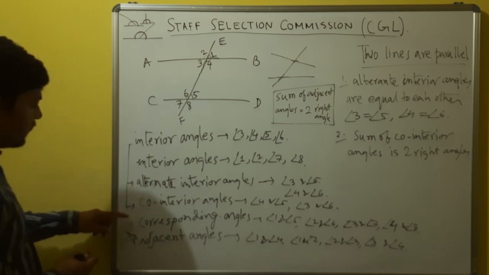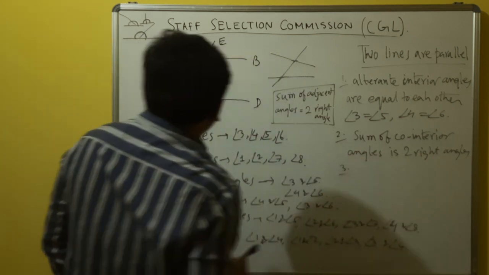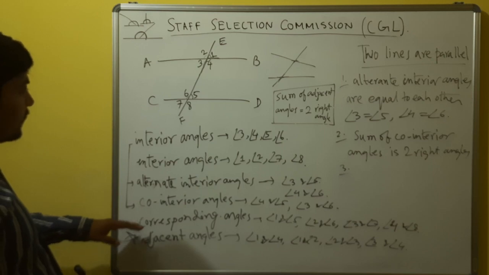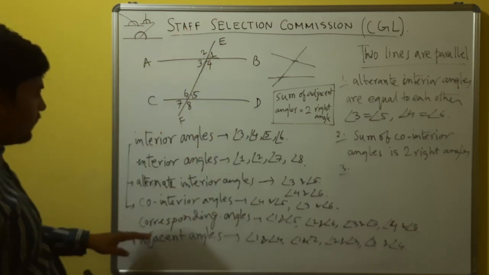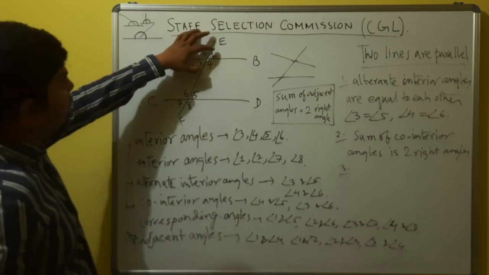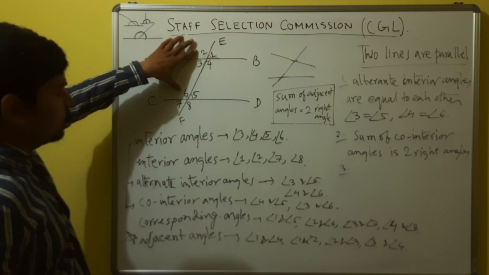Now the third one is corresponding angles. What are the corresponding angles? 1, similarly 5. One interior angle and one exterior angle form corresponding angles. What is exterior? This is interior. 1, 5. Then 2, 6.